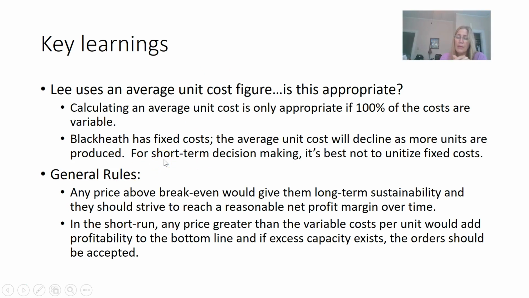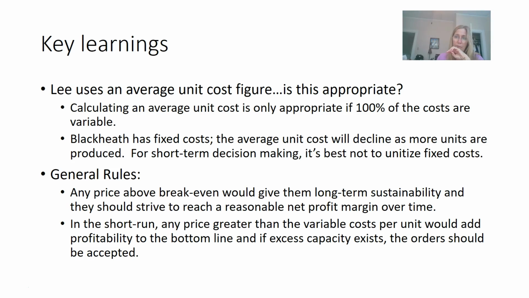I have you run through that and calculate that break-even price at different volumes. For short-term decision making, it's best not to unitize fixed costs. Like I said, most companies just use variable costing and don't bother unitizing fixed costs. As a general rule, any price above break-even would give them long-term sustainability, and they should strive to reach a reasonable profit margin over time.